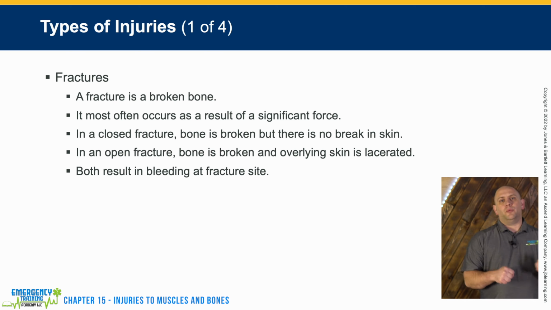When our bone breaks, there's a shearing force, and often the bone can have sharp pieces or fragments that risk cutting blood vessels. So we need to be aware that there's often bleeding associated with fractures as well.